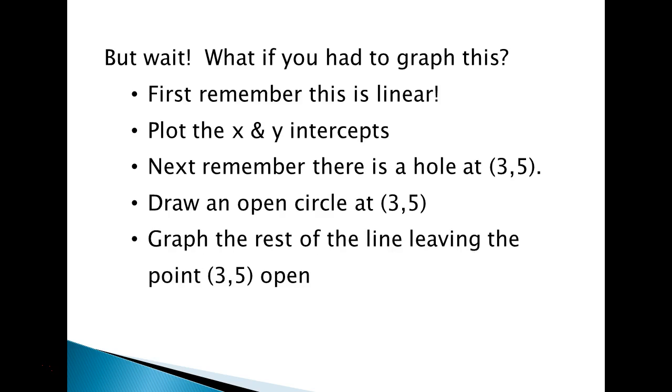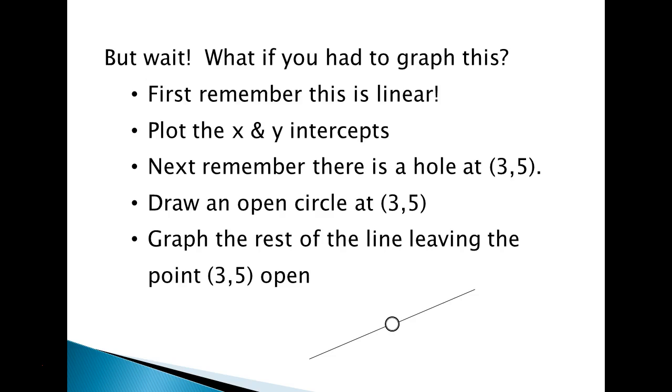And then we're going to graph the rest of the line, leaving the point 3, 5 open. Something like this example. You see my line, and then it's interrupted by an open circle, and then my line continues.